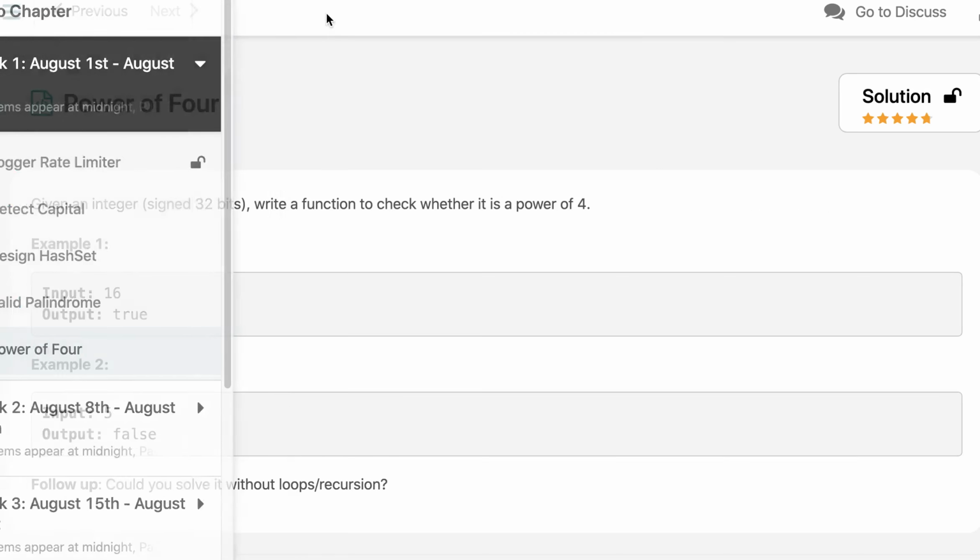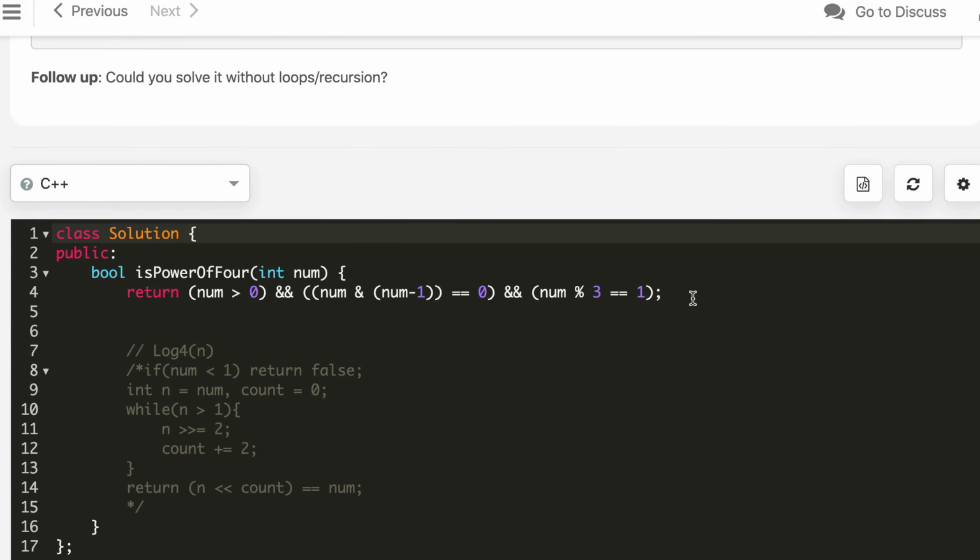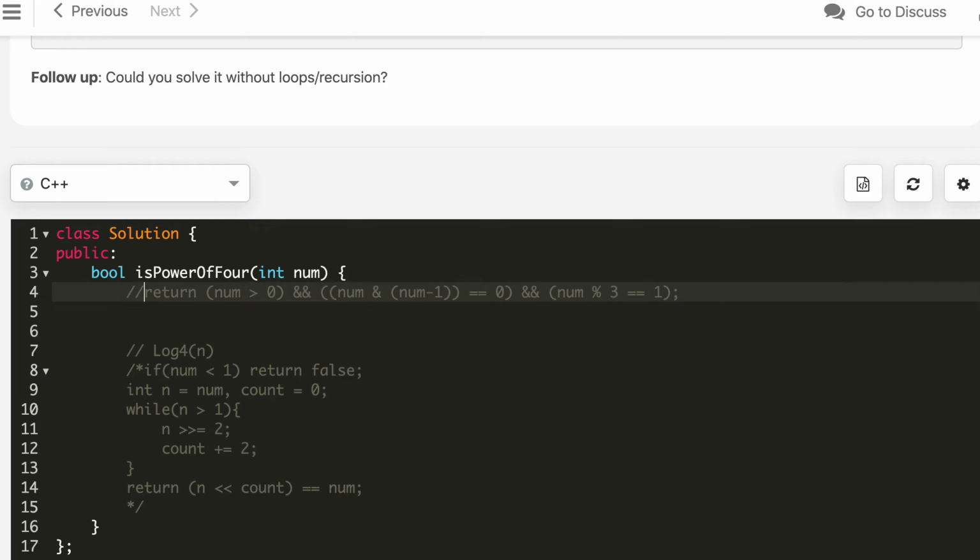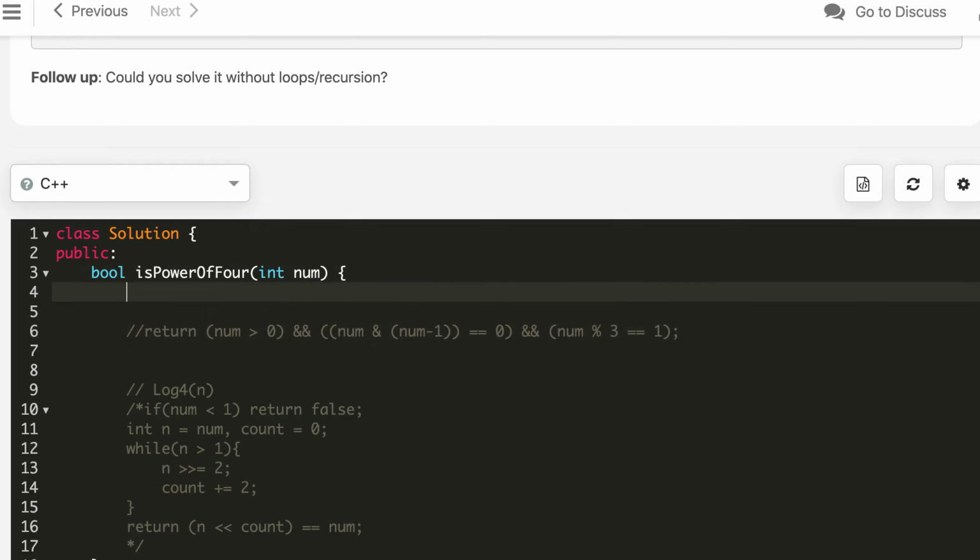Now we will write the other solution that will take O of 1. So let's comment it out. And what was that? That was num and 0x a, 4 times 5, 6, 7, 8. This should be equal to 0.